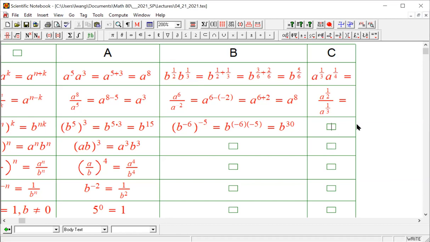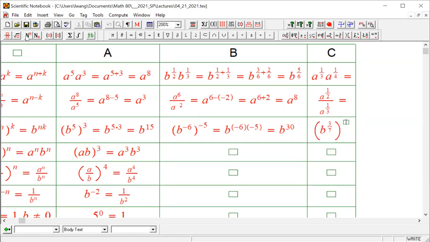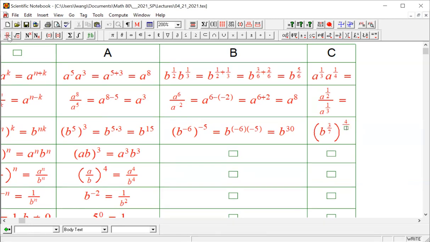And the third one is b raised to the power of 3/7, and then there's a parentheses, raised to the power of 4/9.